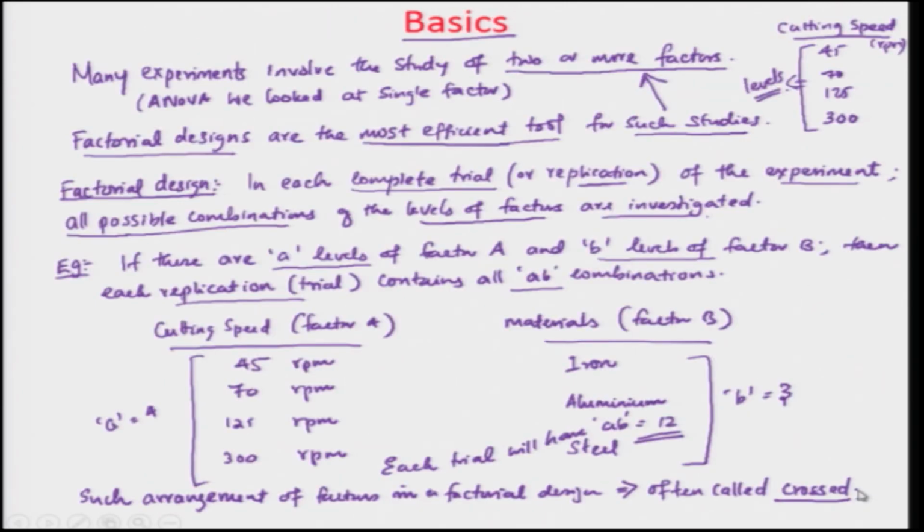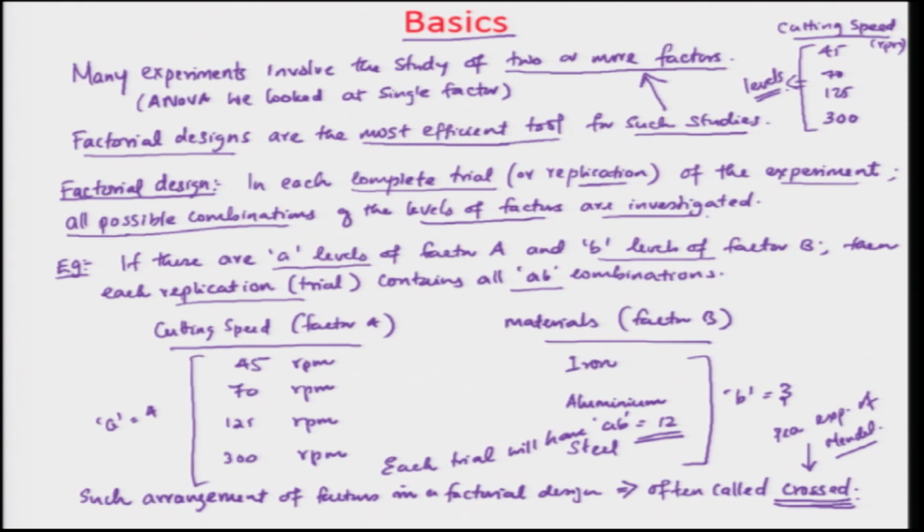This is similar to, remember, the pea experiment of Mendel. Gregor Mendel, who studied genetics, did a lot of crossing trials with red and white peas. You might have studied all those things. Crossing is an example, because design of experiments has its origin in agriculture. So, this is one of the reasons.